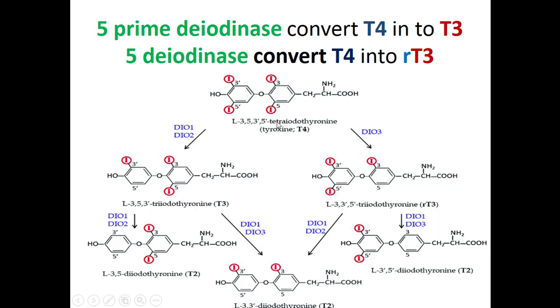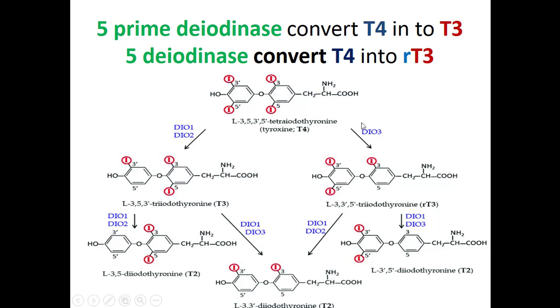Now the enzyme known as the 5 prime deiodinase is going to act upon this area and will remove this. Follow my cursor. It will remove the iodine from the 5 prime position, and the next molecule will be this, where you will see that at the 5 prime location there is no iodine. So this is the structure of T3, your active form.